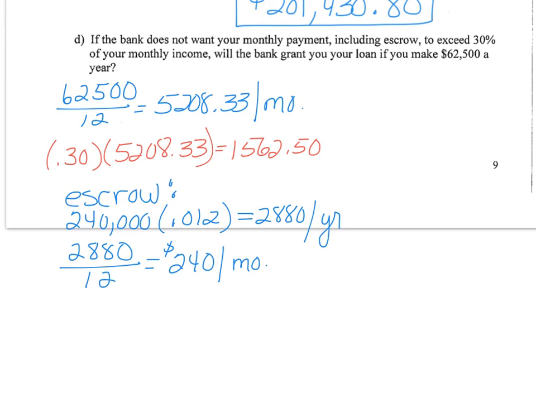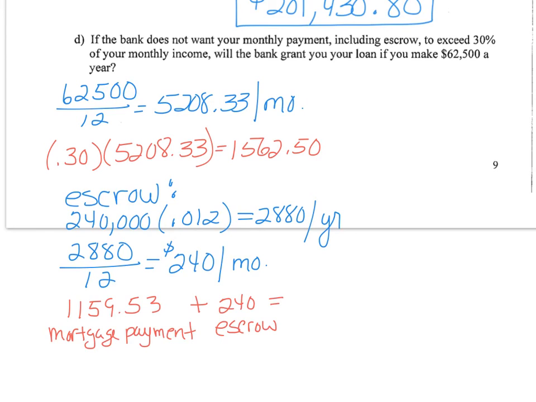My mortgage payment is $1,159.53, so that's my mortgage payment. I've got to add in my escrow, which is $240 a month. So that's my escrow. So my total monthly payment that I'll be paying is $1,399.53. Okay, that's my total payment.